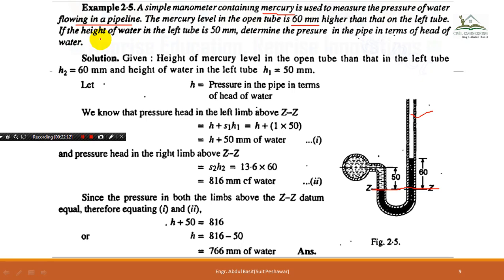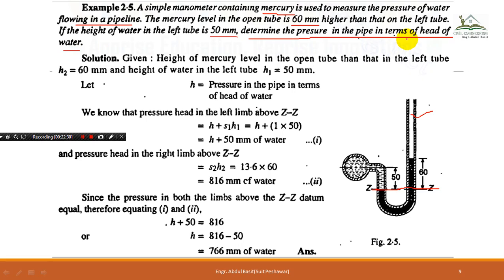If the height of water in the left tube is 50 millimeter, determine the pressure in the pipe in terms of head of water.